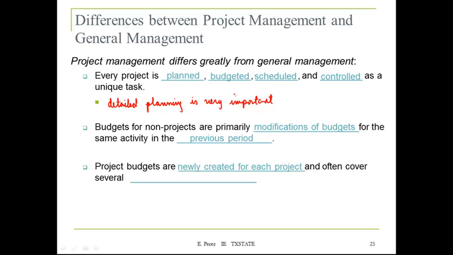Project budgets are newly created for each project and often cover several budget periods in the future. Okay, so those are major differences between known project managers and project managers. For each project, you're going to be creating a new budget, new set of schedules, and so on.